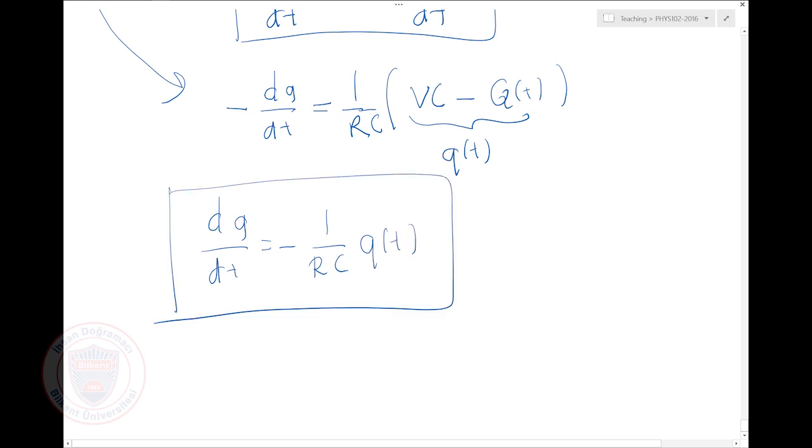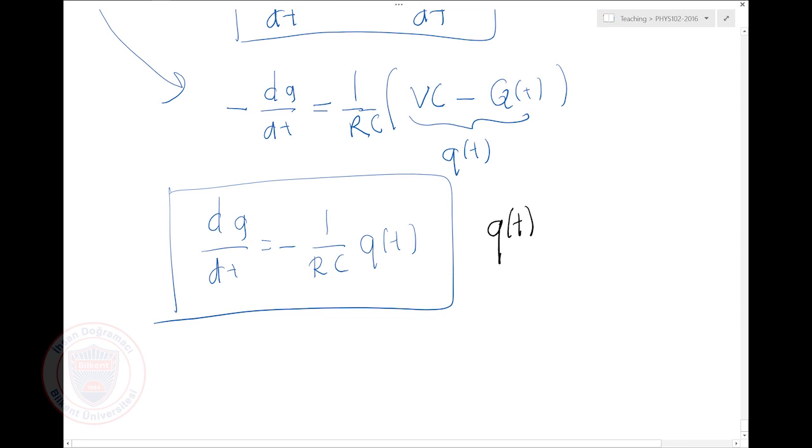Hey, do we know this differential equation? Yes, it's exactly the same differential equation we obtained for discharging of a capacitor. So it's not different at all. So what's the solution? q of t must be whatever the value at 0 time is, e to the minus t over RC.